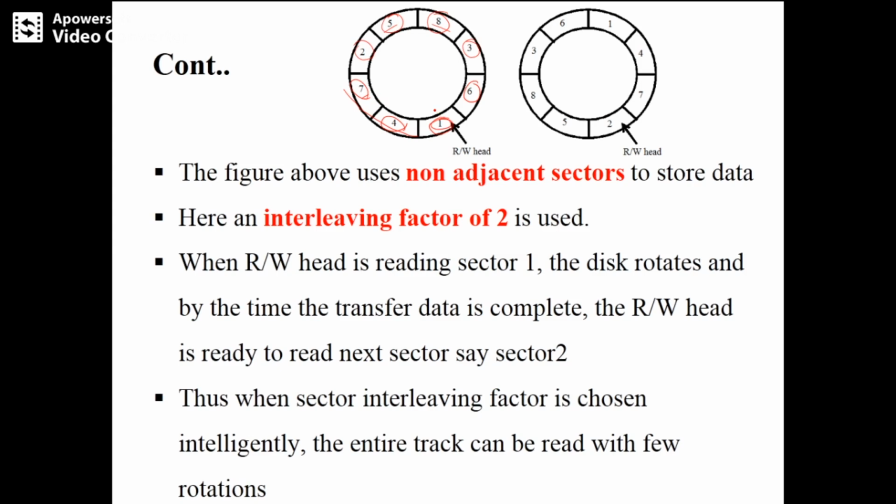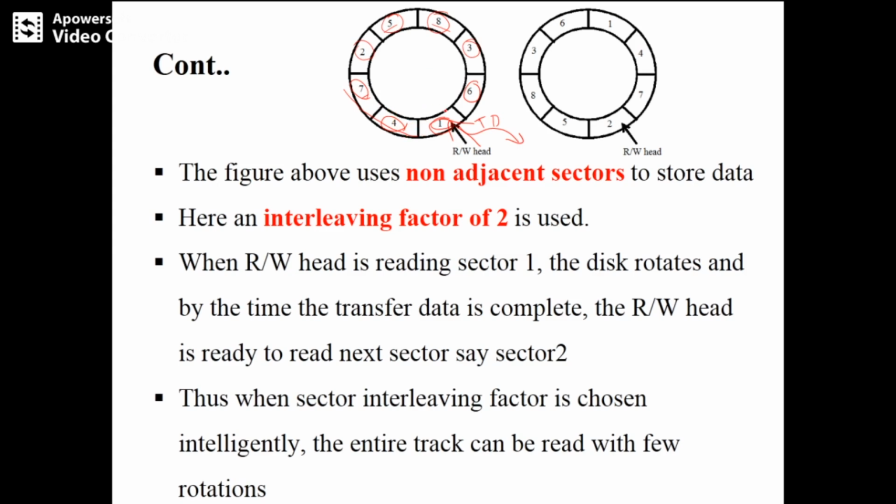Okay, now here if we do like this, what will happen? Now the read-write head, initially it is reading the data from sector 1. Now it is going to transfer it into the main memory. So here transfer delay occurs, right? When transfer delay occurs, in the previous structure, the data would have been read from sector 4 instead of 2, right?